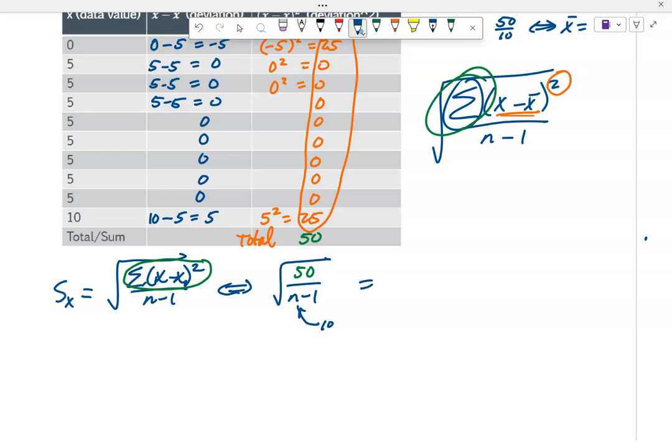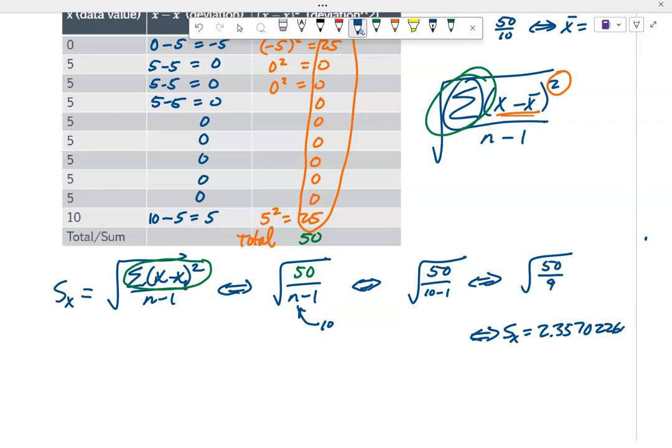So we're going to take the square root of 50 over 10 minus 1. So we've got the square root of 50 over 9. I punch in 50 over 9, take that square root, and that ends up being 2.357022604.